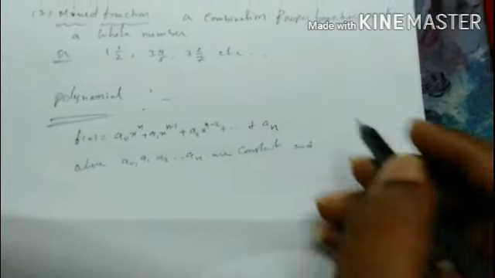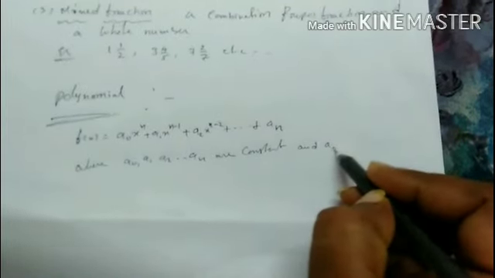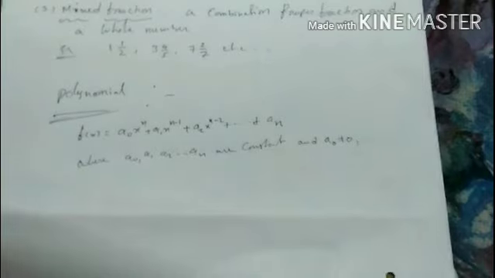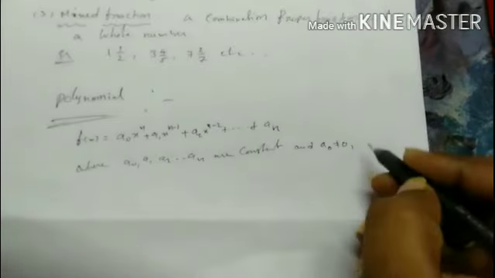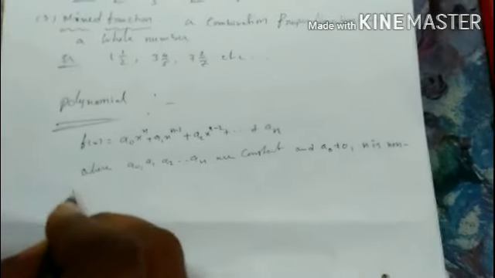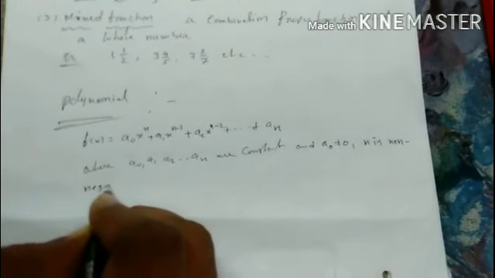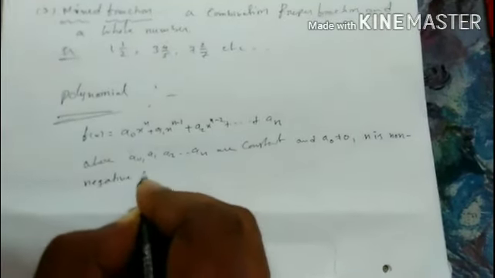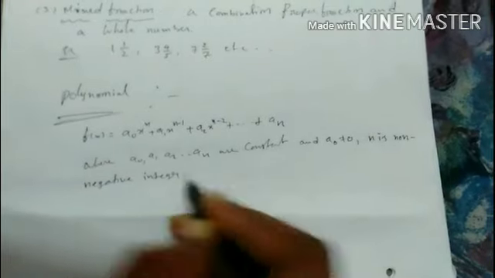And a naught is not equal to 0. n is a non-negative integer.